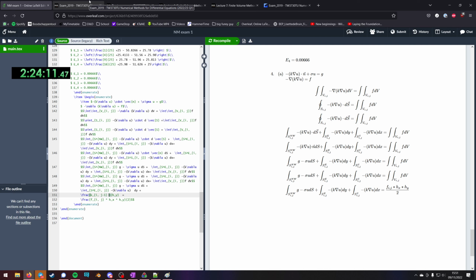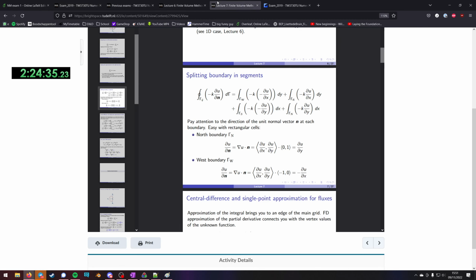And the divide dx is it is f at location I, j plus f at location I, j minus 1. Is one of these negative, probably, that I do not know.